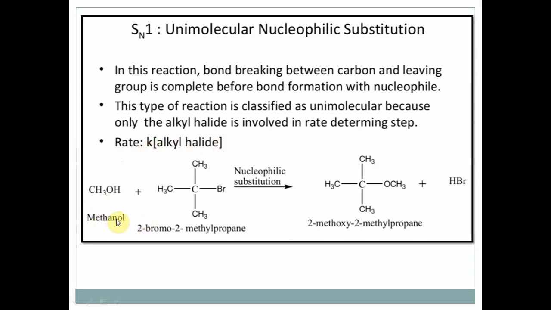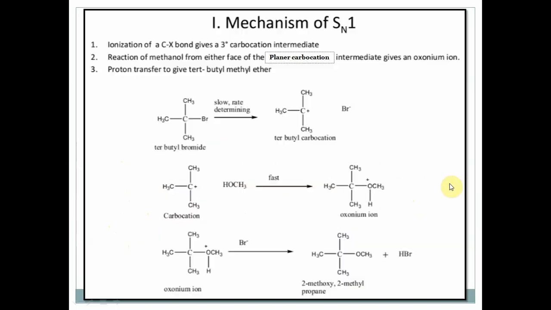So what happened? Methanol will give the nucleophile CH3O negative and 2-bromo-2-methylpropane. After the reaction we get 2-methoxy-2-methylpropane and HBr.